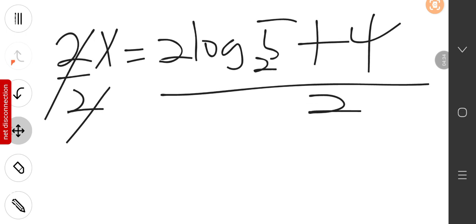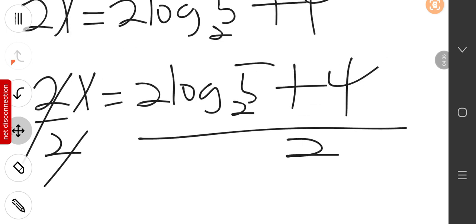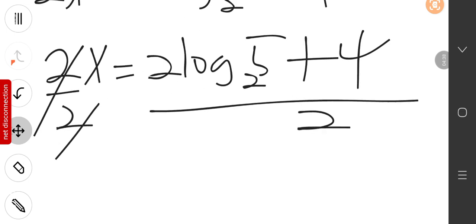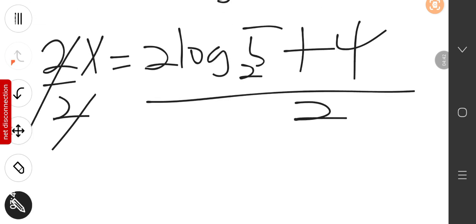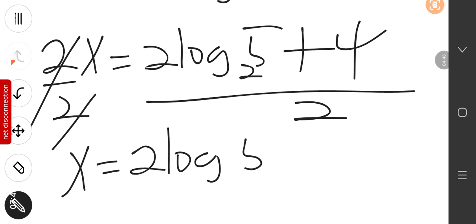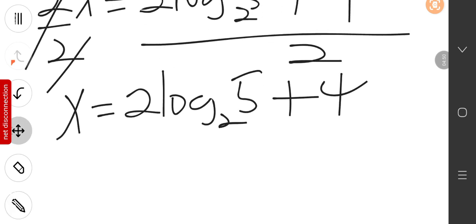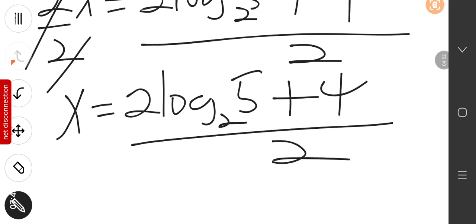So our final equation becomes x equals 2 log 5 base 2 plus 4, all over 2. So this is the end.